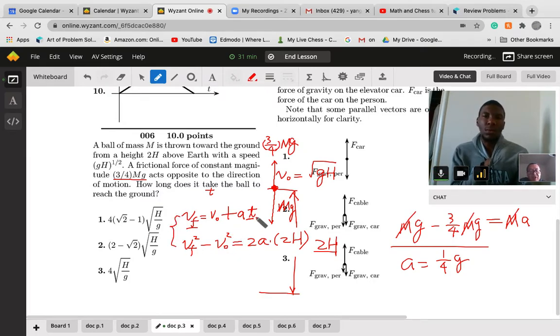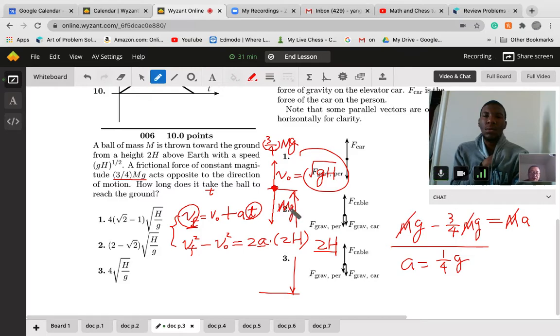Now in these two equations, you have two variables: one is t, another is vf. All others we know, like a, which equals 1/4 of g. You can plug in 1/4 of g, then a is gone. V0, they give us, that's square root of g times h. And h we already know. So in this equation, we have two variables, t and vf. Then that means we can solve this equation now to determine t.